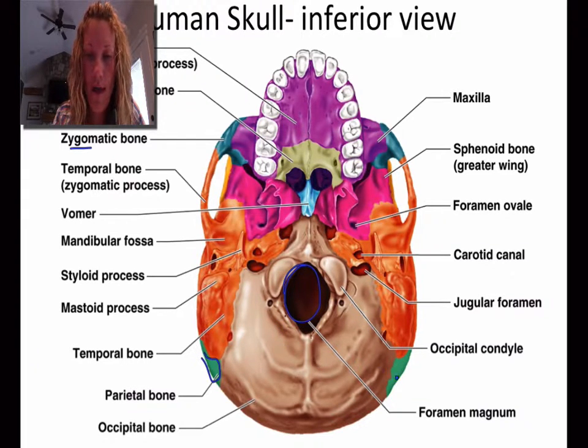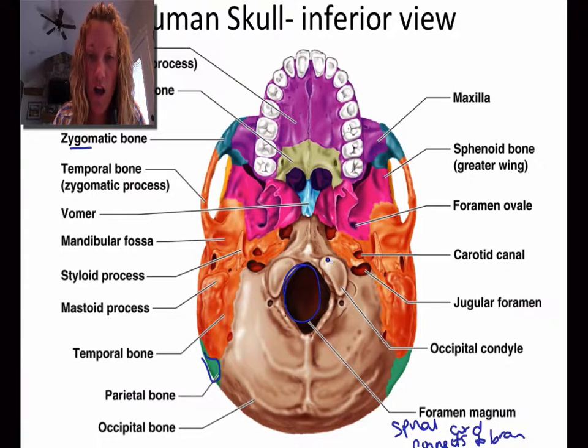The foramen magnum is going to allow for the spinal cord to connect to the brain. Okay, the occipital condyles, they look kind of like rockers. These occipital condyles rest on the first vertebra.